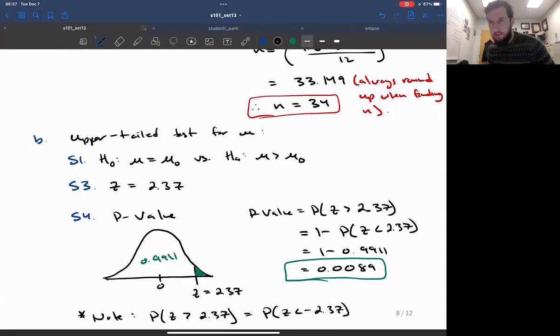But in this problem, the p-value is the probability that Z is greater than 2.37, so you need to indicate that you're finding this area by using the other value. Does that make sense? Okay. But that approach is perfectly fine. If anything, that's easier than what I did.